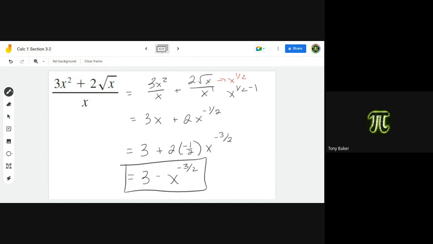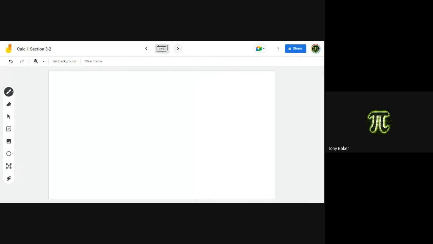Some problems are not going to be as obvious as that. Like, let's do x squared minus 5x plus 6 divided by x minus 2. Yes. We can use the quotient rule.